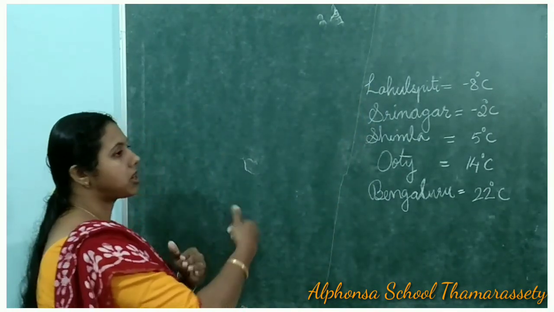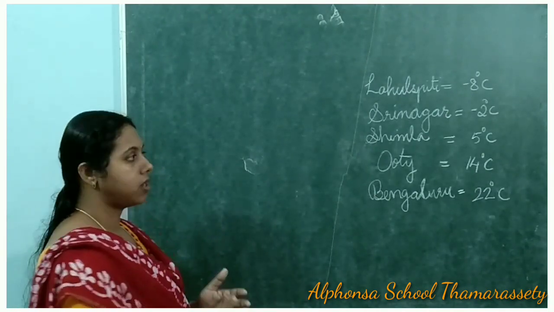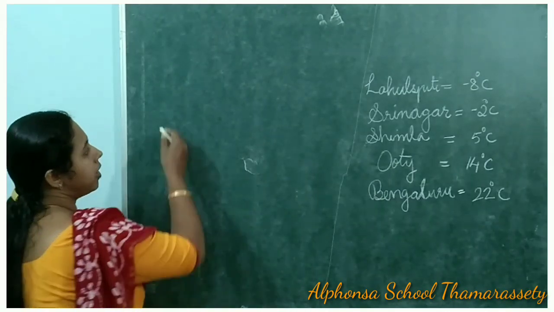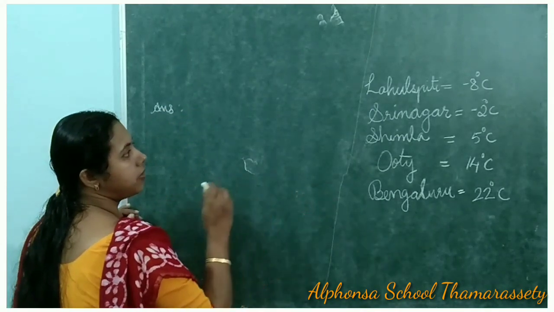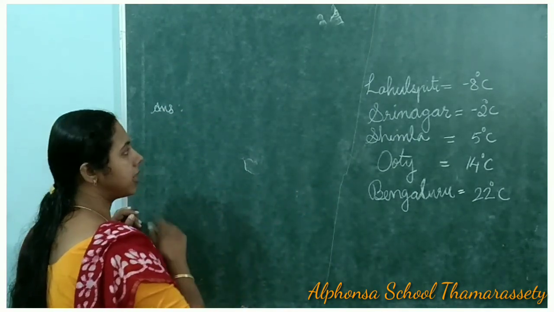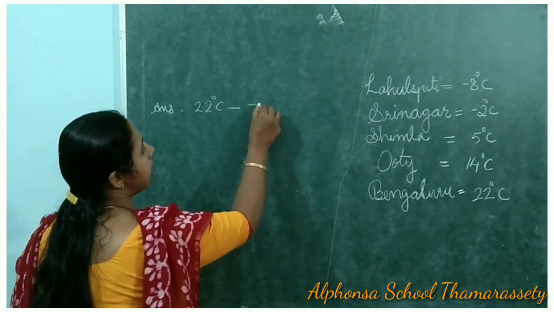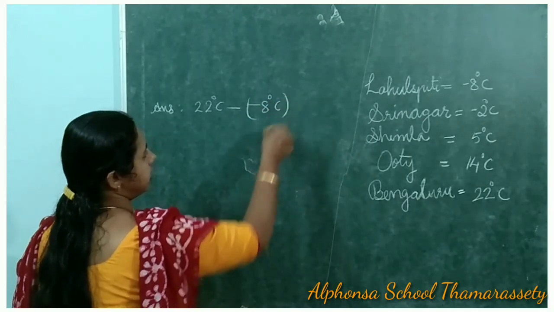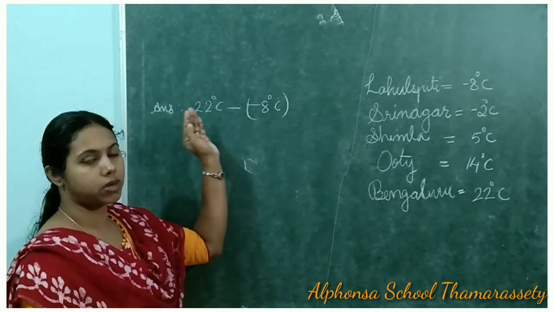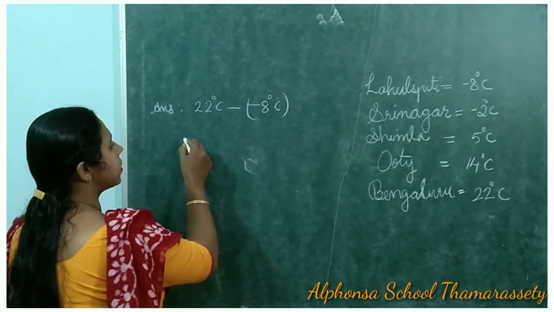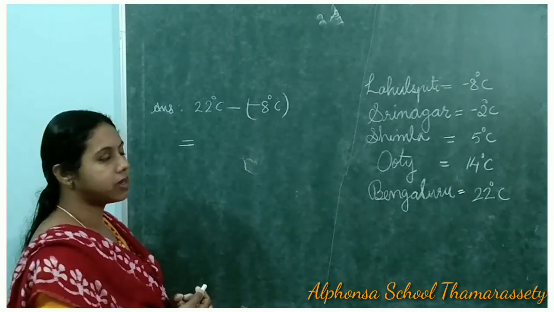What operation is coming here? We want to find the difference, which means it's a subtraction. When we are subtracting, we subtract the smallest number from the bigger number. So here, 22 degrees Celsius minus -8 degrees Celsius, the difference between the hottest and coldest places. It's a subtraction, so we use the additive inverse.